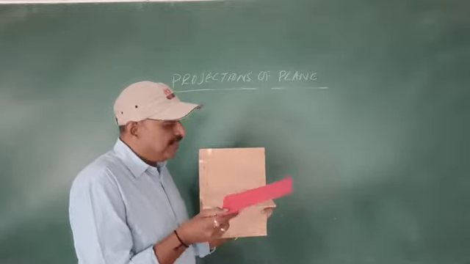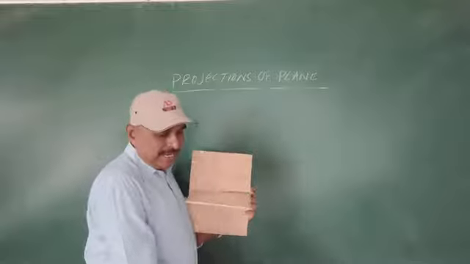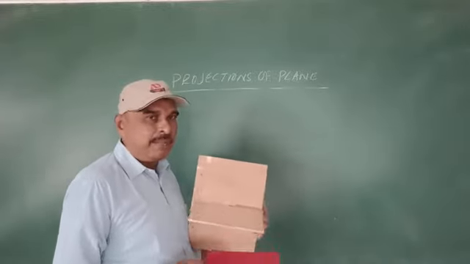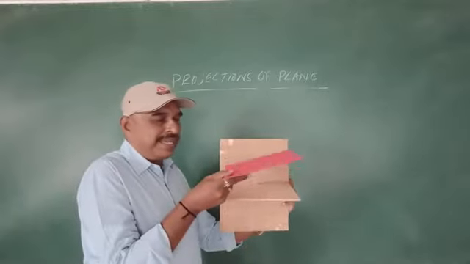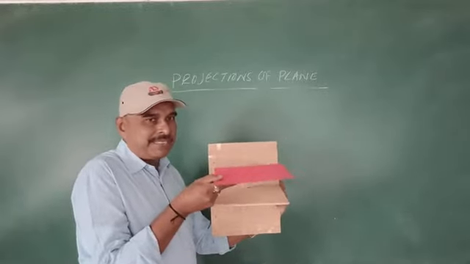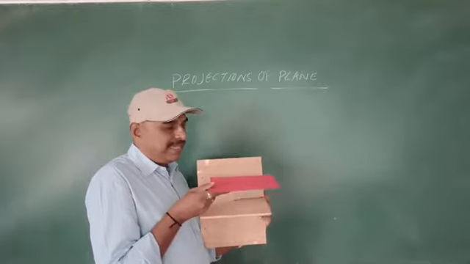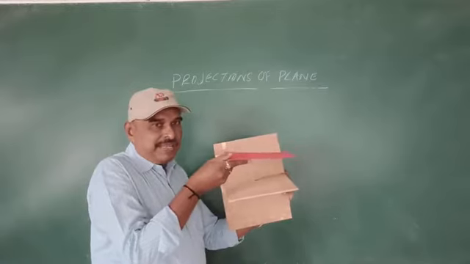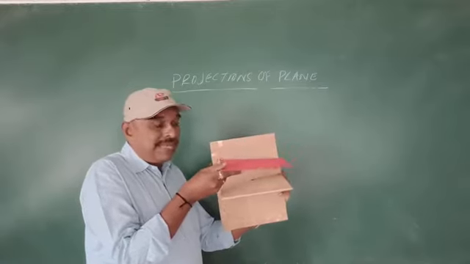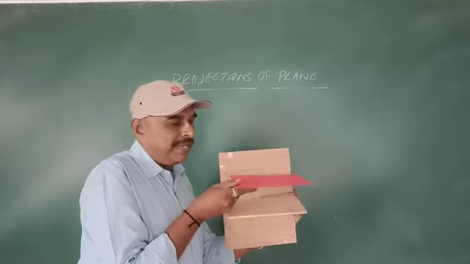In future we may consider this wall or board as the vertical plane and this floor as the horizontal plane. Now this is the first quadrant, and the plane surface can be placed in various positions. The plane surface can be placed like this, that means the surface of the plane figure is parallel to HP.